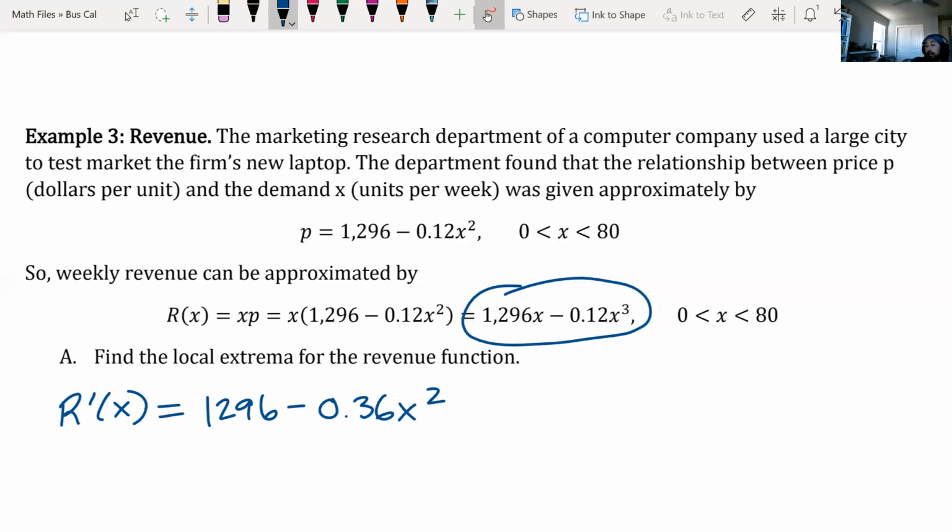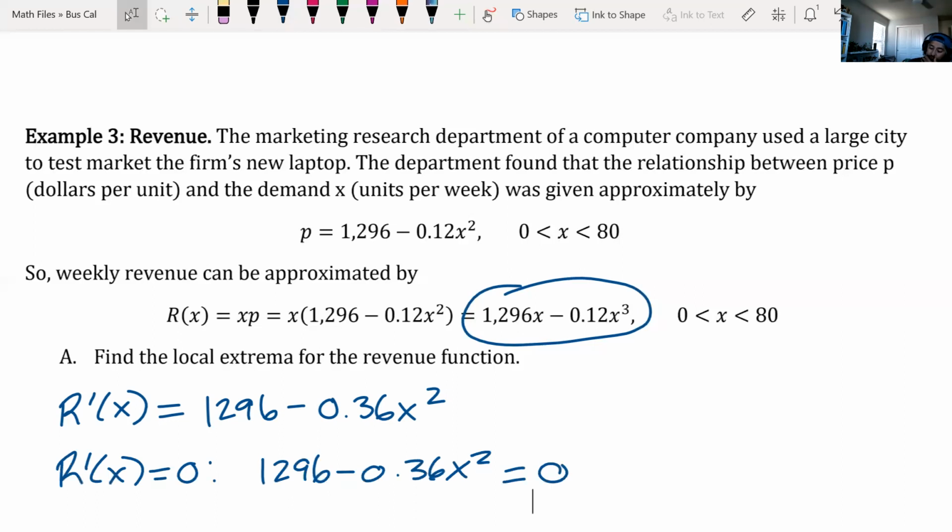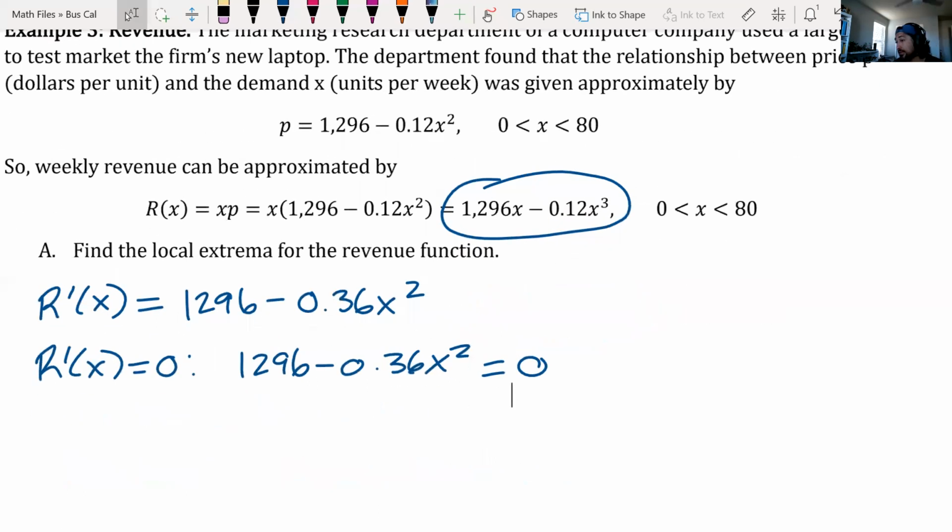Good. So now, remember, to find maximums or minimums, you take the first derivative and set it equal to 0. So we have 1296 minus 0.36x squared. We set it equal to 0 and we solve for x.